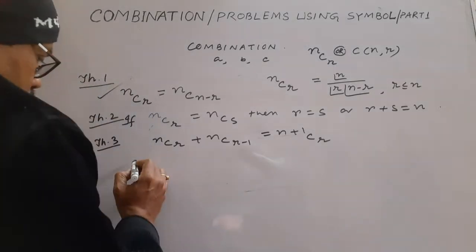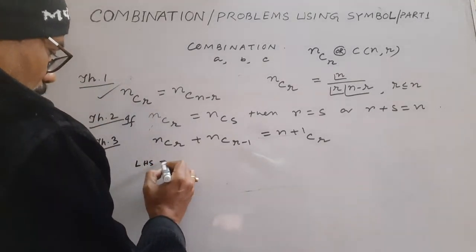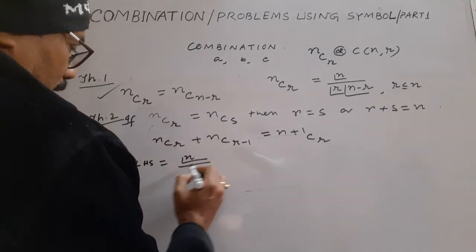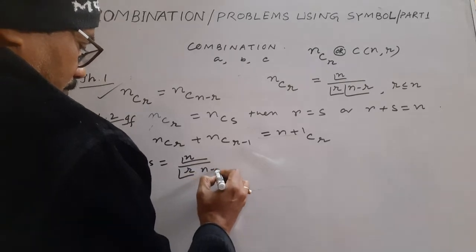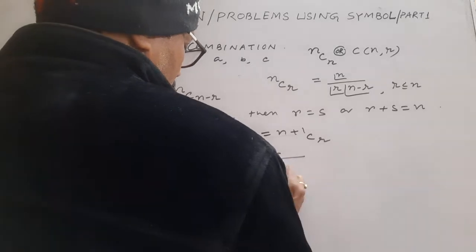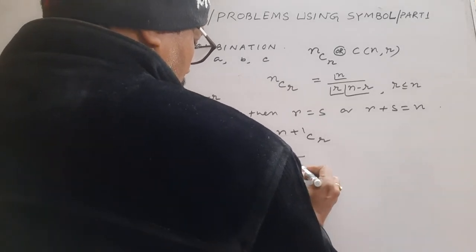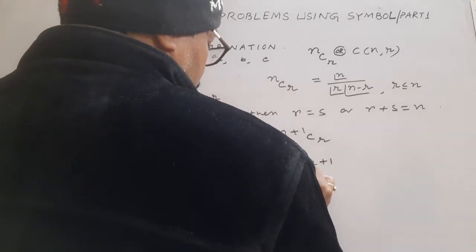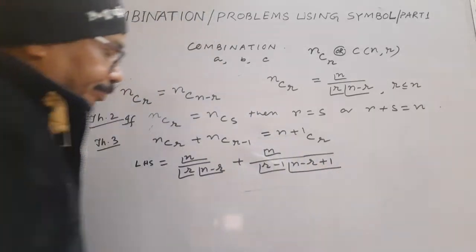Proof: LHS, if we expand, is factorial n by factorial r minus 1 times factorial n minus r plus 1.